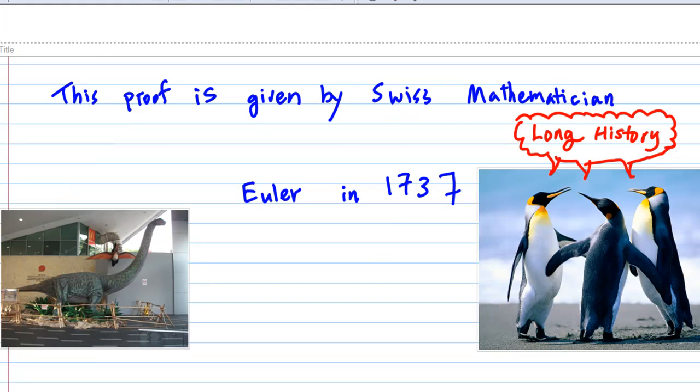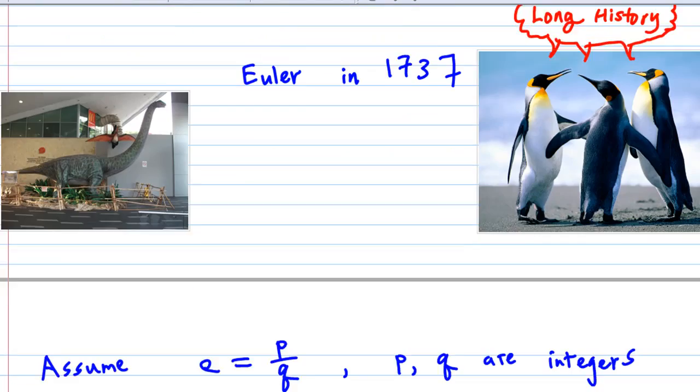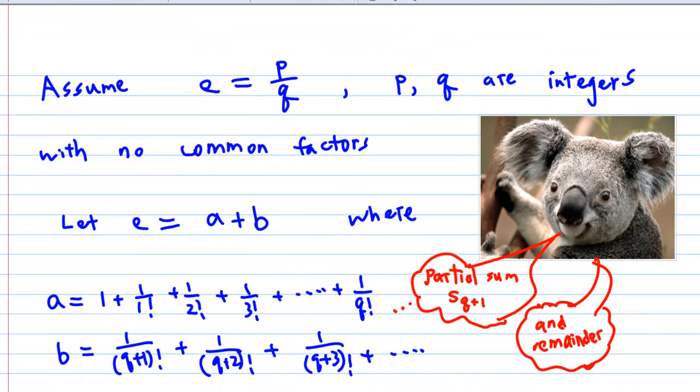This proof was given by the Swiss mathematician Euler in 1737, so it has a long history.